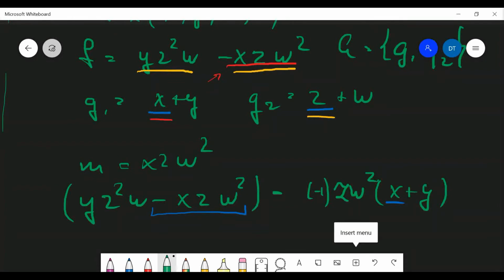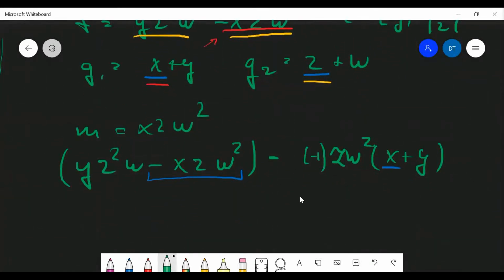So if you multiply x by this thing, you will get exactly this term. And when you subtract, you cancel this, and as the result, you will get yz squared w plus zw squared y. Okay, so this was one step of elementary reduction of f with respect to g1.